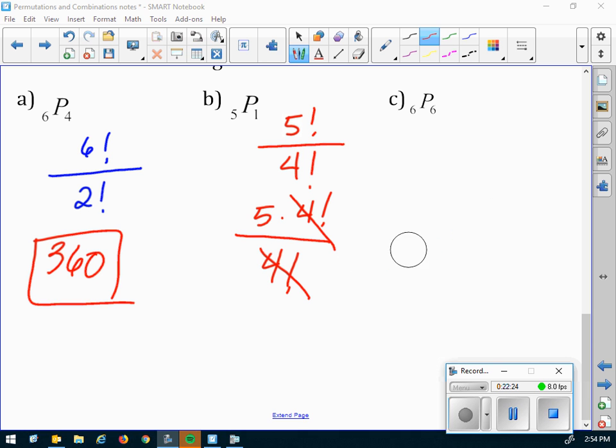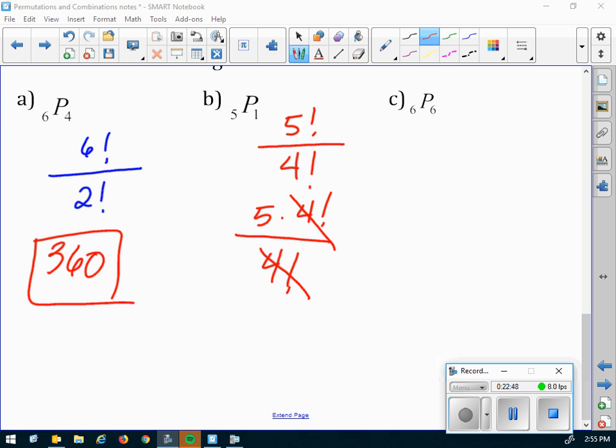What's confusing you about C, my dear? 6 minus 6 equals 0. But I got another answer other than 0. Aha. Yeah, you see it. It's 1. All right.